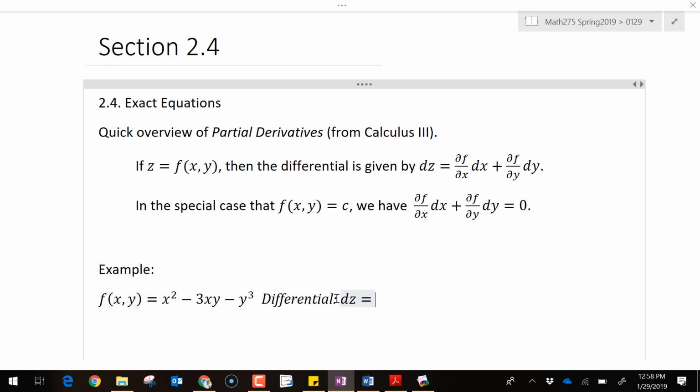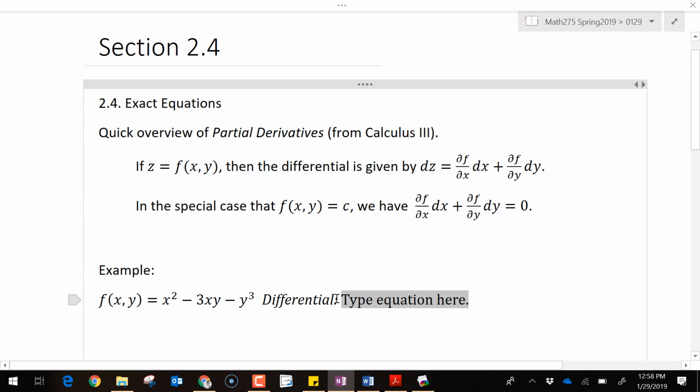So the differential is going to be some function times dx plus some function times dy.